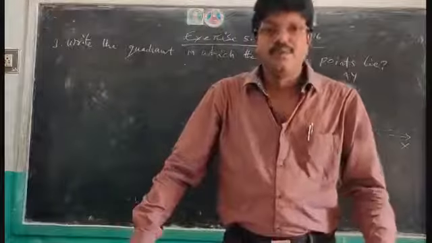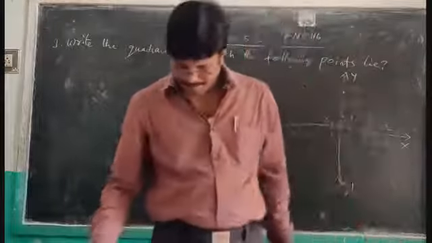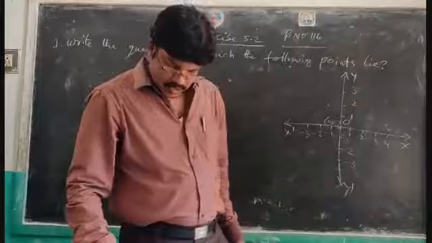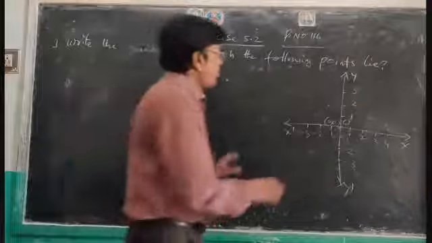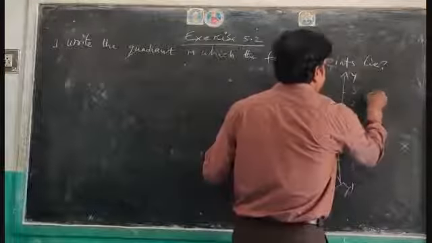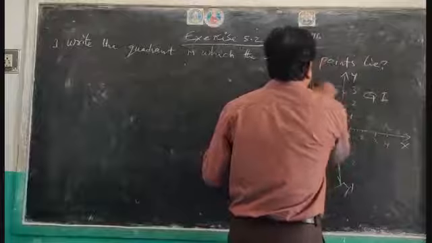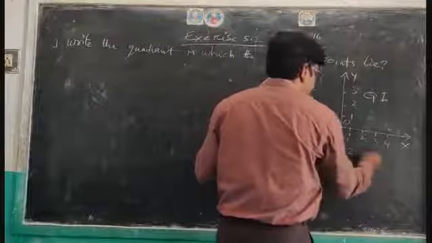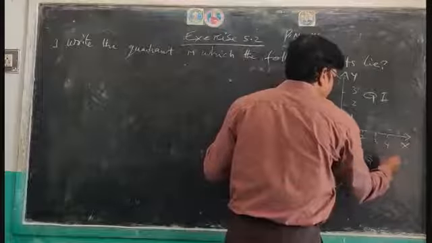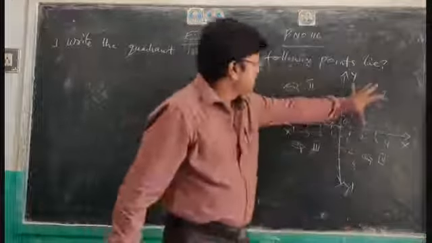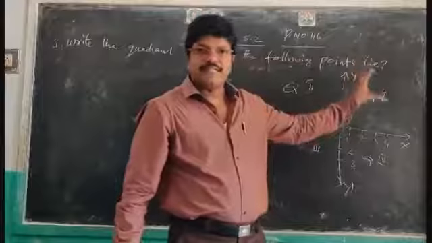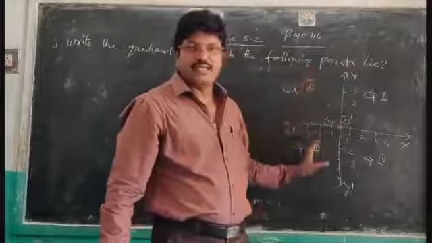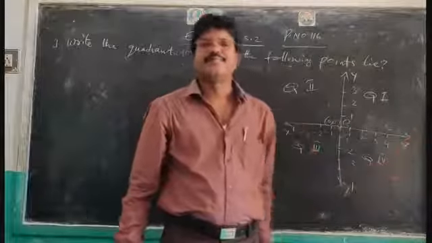Insert it in your e-notebook and in your mind. Here the quadrants: the first quadrant Q1, second quadrant Q2, third quadrant Q3, fourth quadrant Q4. This is the path: first, second, third, fourth quadrant.